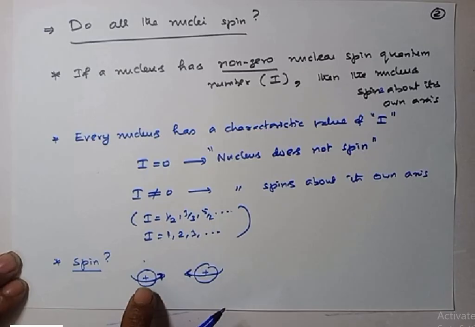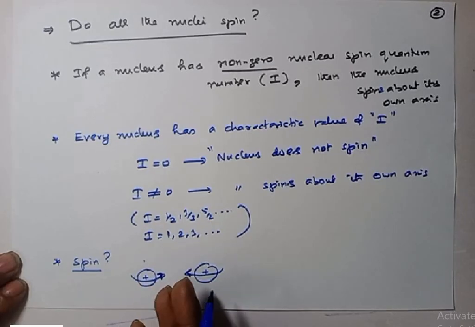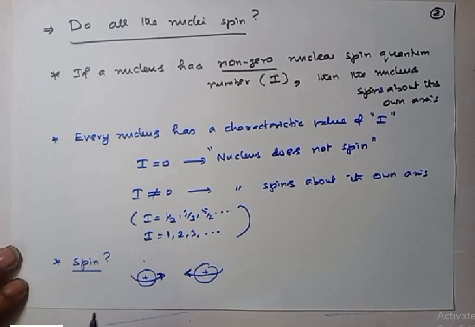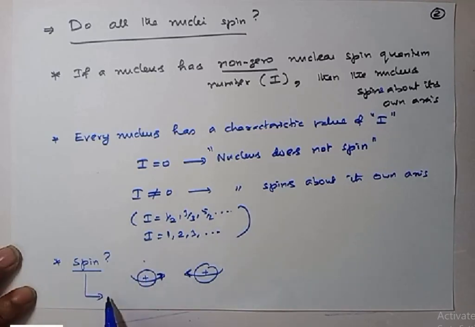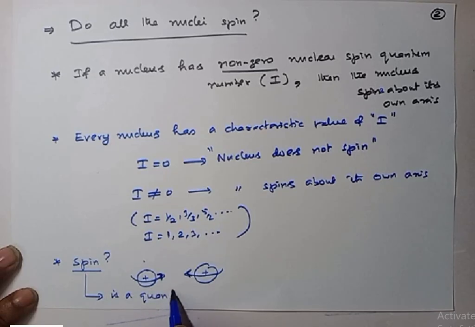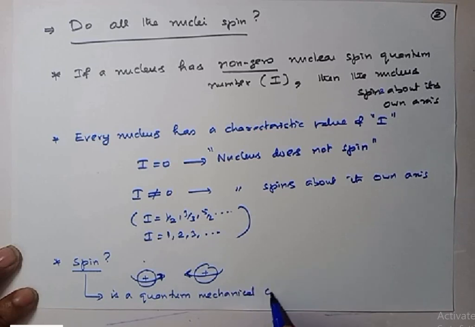Actually, if you represent the spin like this, then it becomes a classical one. Spin is purely a quantum mechanical concept. Spin is a quantum mechanical aspect. It's a quantum mechanical concept.